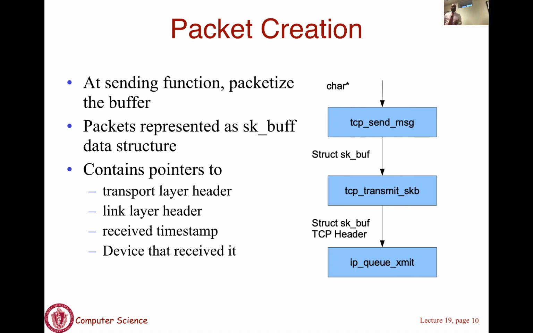Okay, so the socket buffer data structure is key to the implementation of the socket abstraction, and that buffer is used by TCP and IP and so on, and sent all the way down to the network header. So that's a memory buffer that is processed through the protocol stack as the packet gets processed through multiple layers.